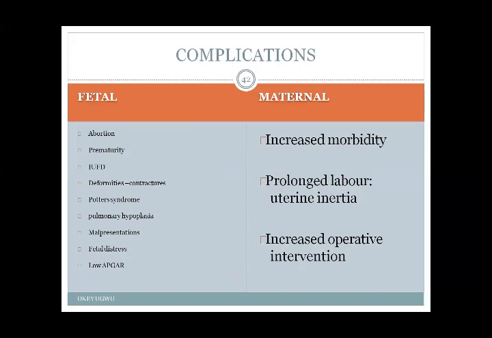So, what are the complications of oligohydramnios? There can be miscarriages, prematurity, intrauterine fetal demise, deformities and contractures, pulmonary hypoplasia, malpresentation, and there is increased risk of morbidity, prolonged labor, uterine inertia, because as we discussed, normal amniotic fluid volume is a precursor for a normal labor process to happen, and increased operative intervention.